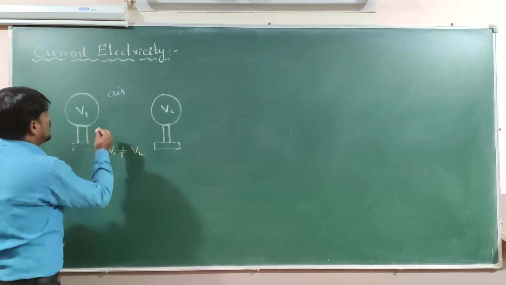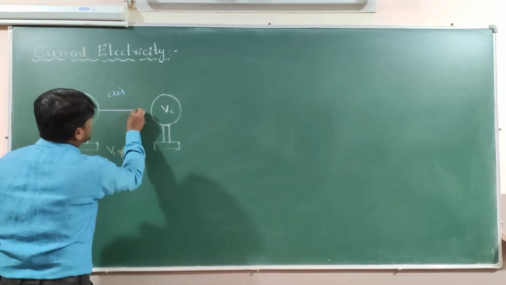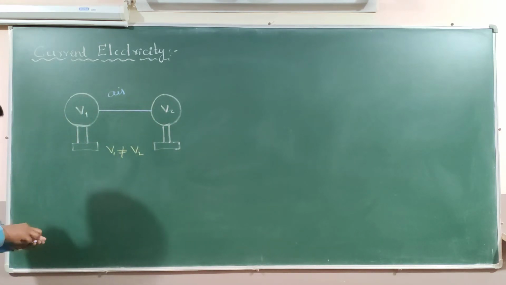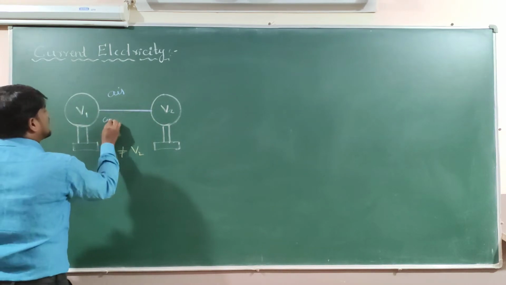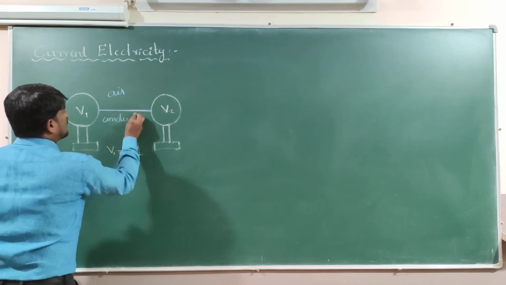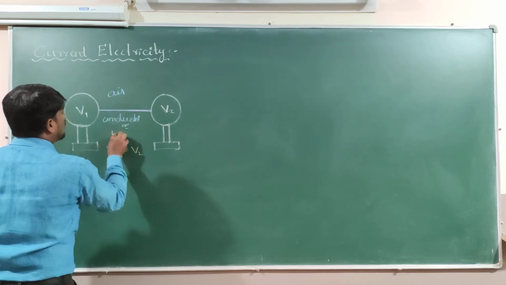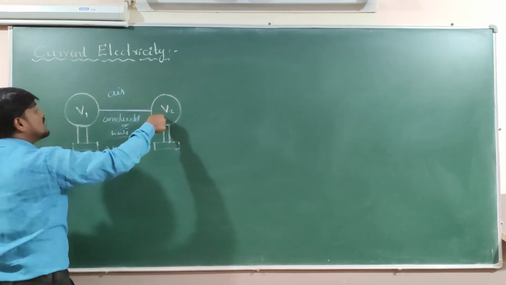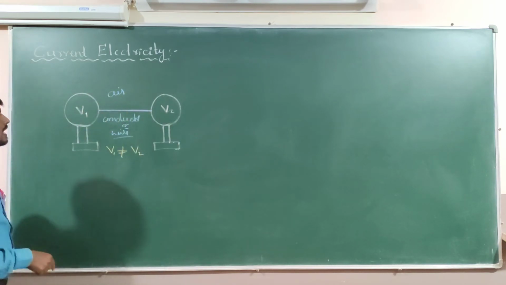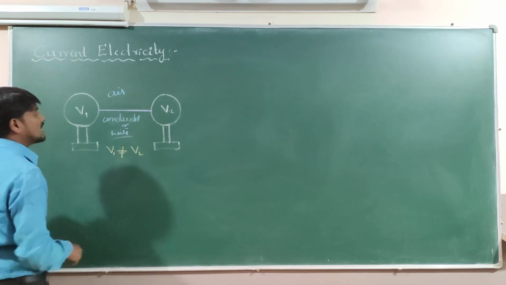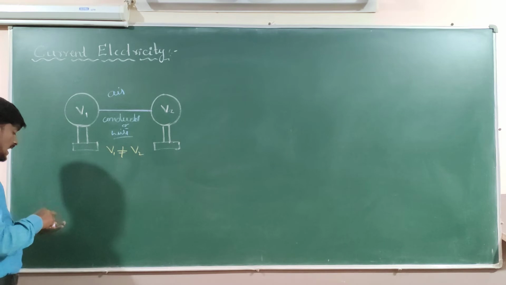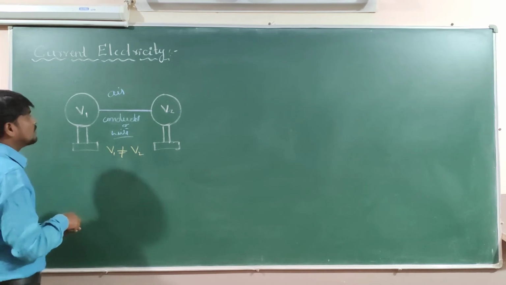So let me take a wire or a conductor and join them. Once I join them, this is the conductor. In common language you can say wire. Then if there is a potential difference between the 2 metal spheres, and they are connected by a conductor, which is a conducting metal or conducting wire, then there is a flow of charges from one place to another place.